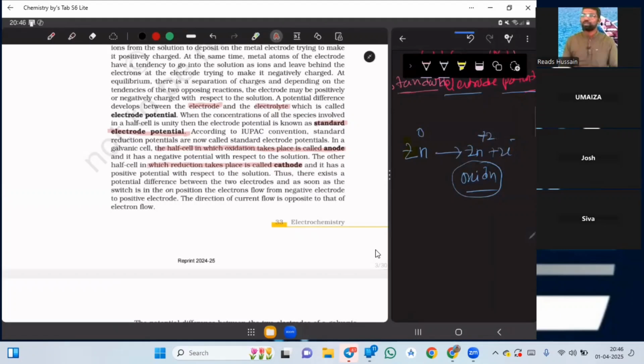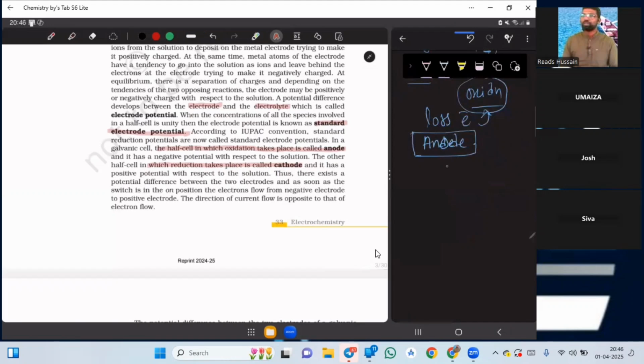Here the zinc oxidation state is plus 2. Zinc lost 2 electrons. Loss of electrons is called oxidation. If any metal atom loses electrons, then its oxidation number increases. This is called oxidation. Next, come to reduction. And where the oxidation takes place, that electrode is called anode. Suppose any metal atom loses electrons and undergoes oxidation, then it is said to be the anode.